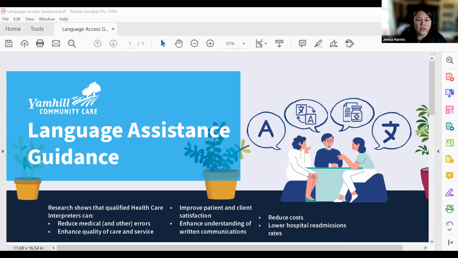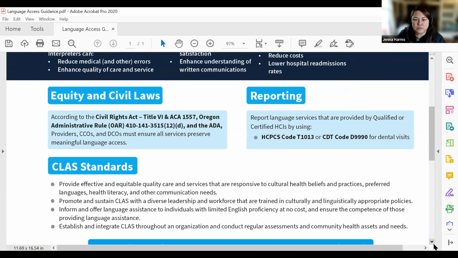It'll enhance the quality of service and care that they receive, improve their satisfaction as they're interacting with you during that patient care experience, and reduce costs overall to the healthcare system when we're able to effectively communicate, as well as reduce adverse events, such as hospital readmissions in the physical health space, but really any adverse events related to care being delivered. So you'll scroll down just a little bit.